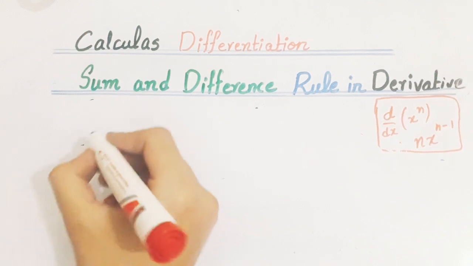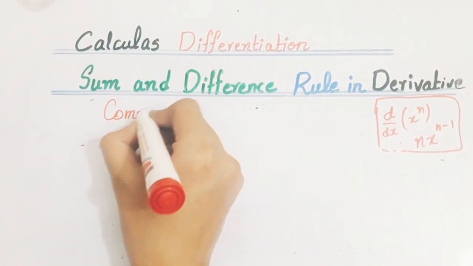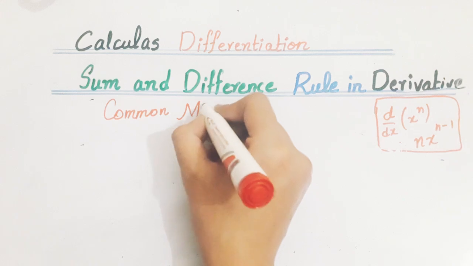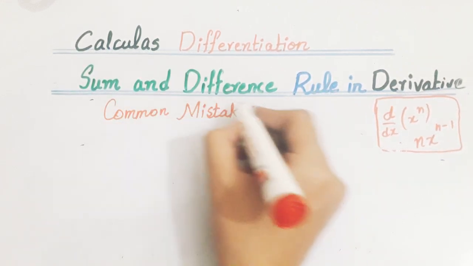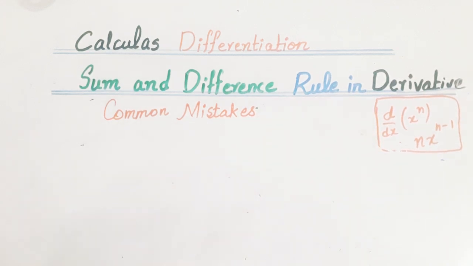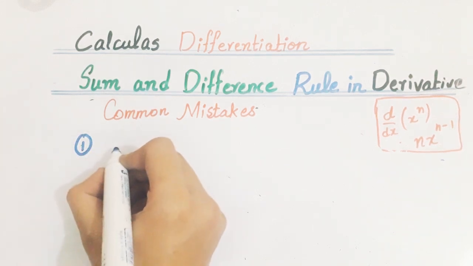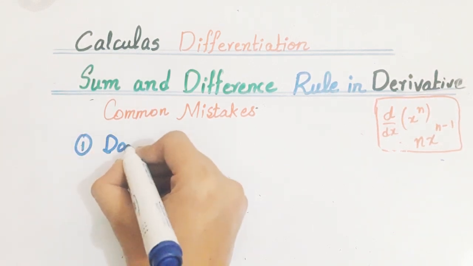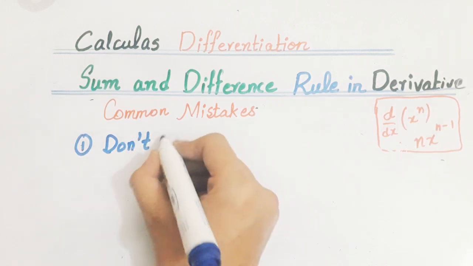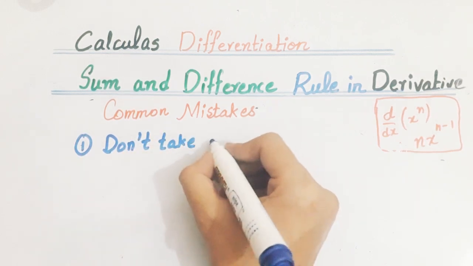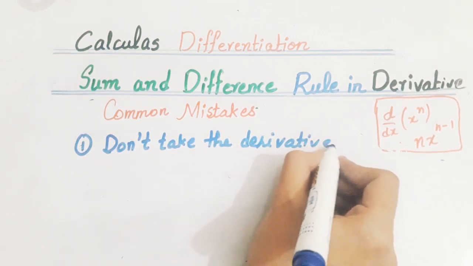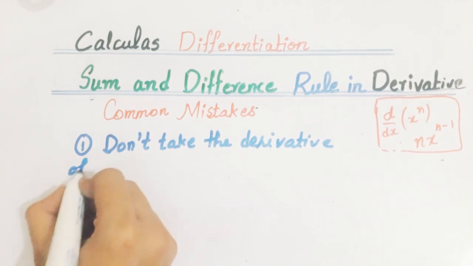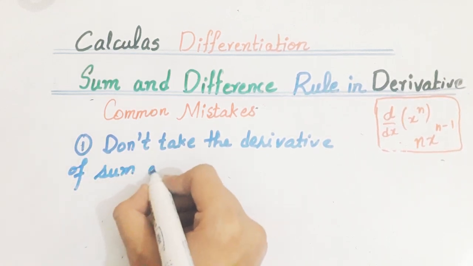Now I will tell you the common mistakes that students mostly make in the sum and difference rule. So the first one is, don't take the derivative of a sum as a product.